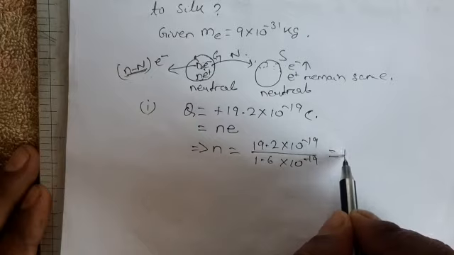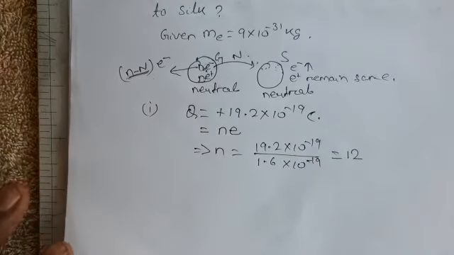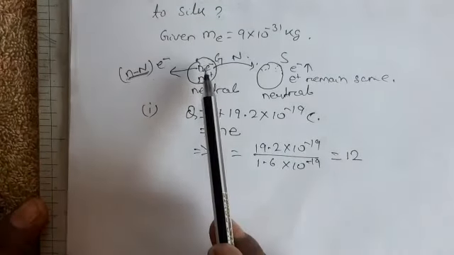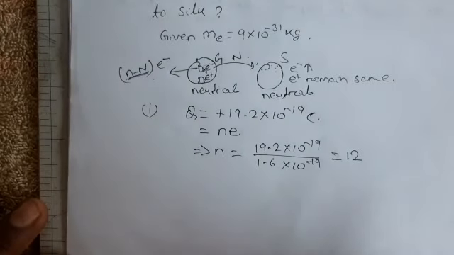I will find 12. Means 12 electrons are transferred from glass to silk.